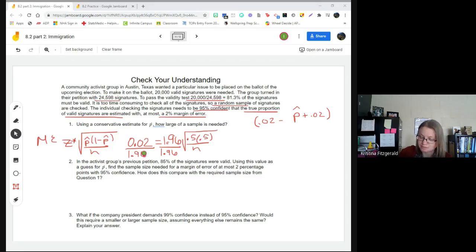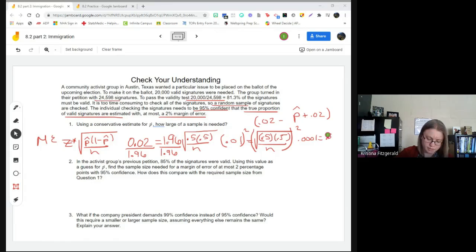And then once I have that number, so if I do 0.02 divided by 1.96, I'm going to get 0.01 equals 0.5 times 0.5 all over n. This is all under the square root, so I would square both sides. So that's going to give me 0.0001 equals 0.5.